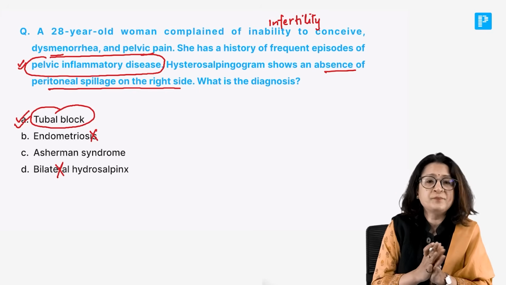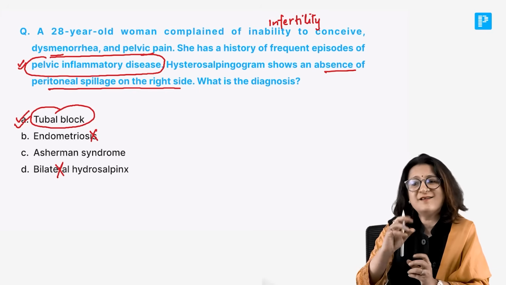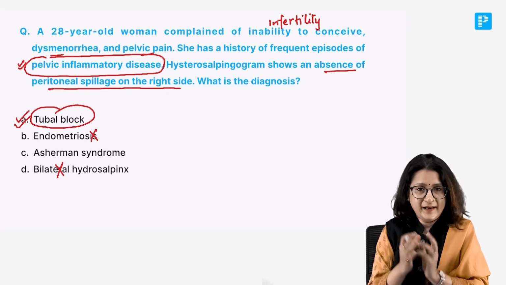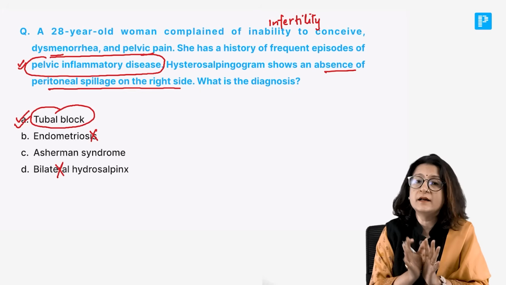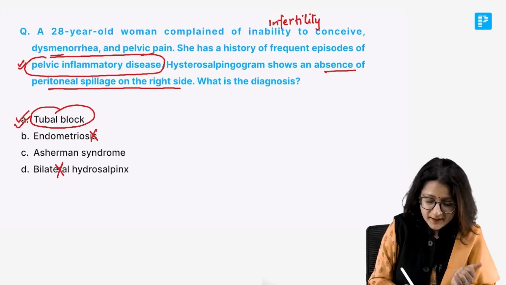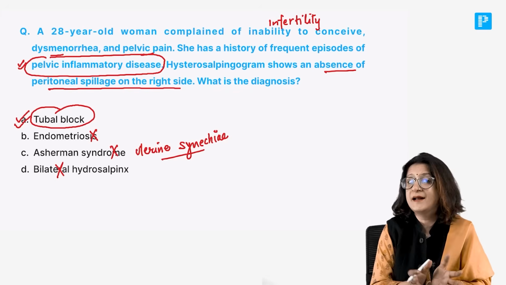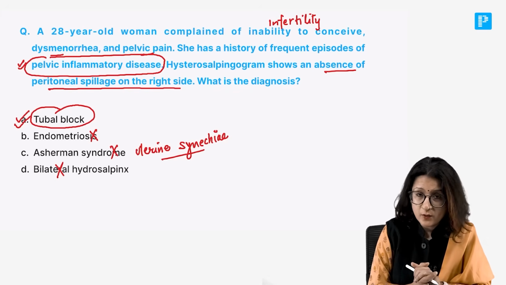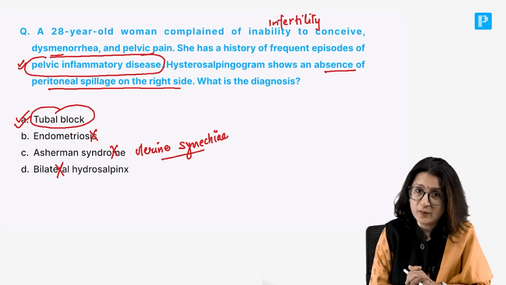The tubes are functionally impaired in case of endometriosis, not actually anatomically blocked. Keep that in mind. And Asherman syndrome means uterine synechia, so filling defects inside the uterine cavity will be there. So Asherman syndrome is also not the answer. Answer here is tubal block.